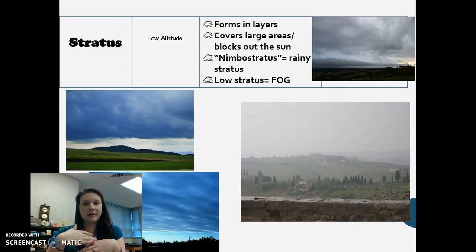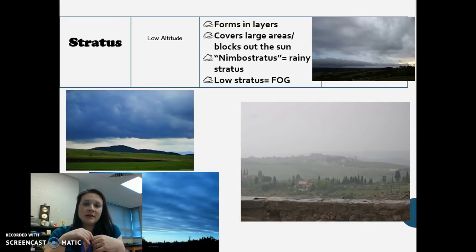So oftentimes you can't really tell where it begins and where it ends because it's just almost like a blanket over the sky, oftentimes blocking out the sun. So those kind of gray, dreary, kind of hazy days, that most likely means we have a stratus cloud system overhead.